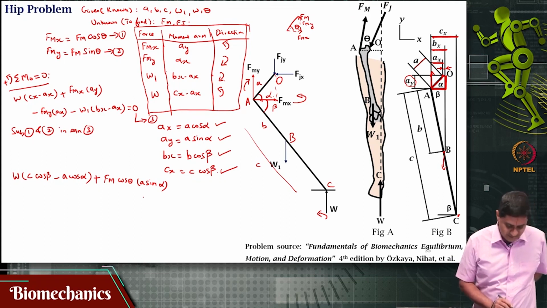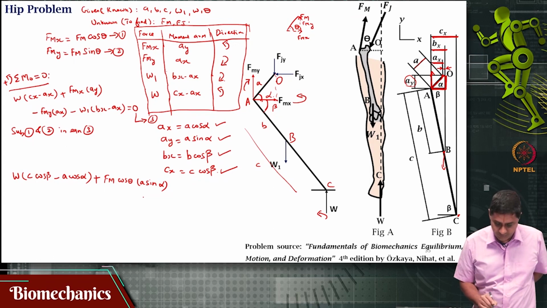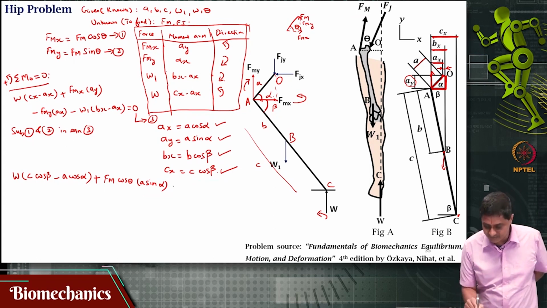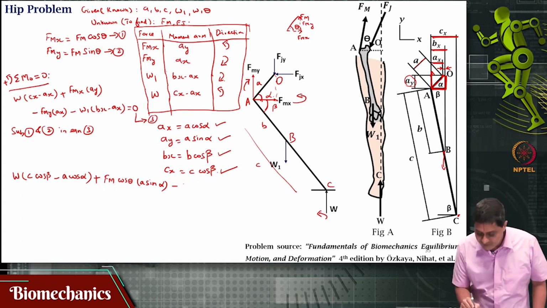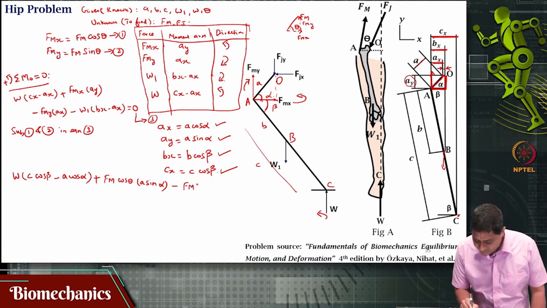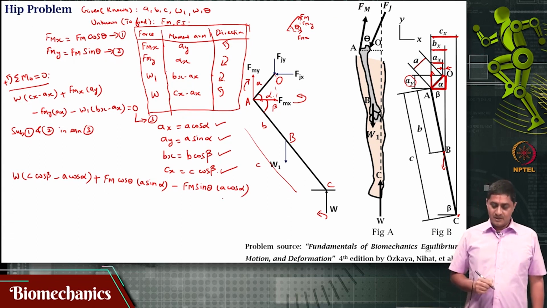Fm cos theta times A sin alpha, then what else? Minus Fmy times Ax, but what is Fmy? Fmy is Fm sin theta times Ax. What is Ax? Ax is A cos alpha. Are we done?